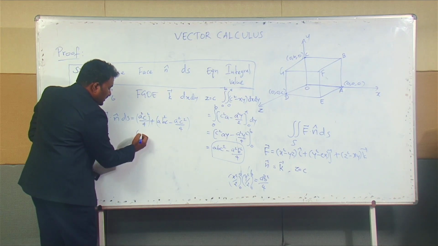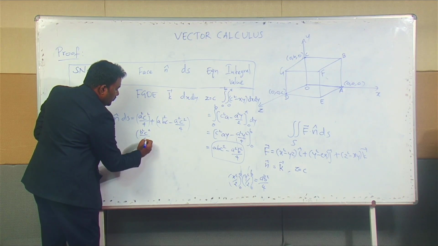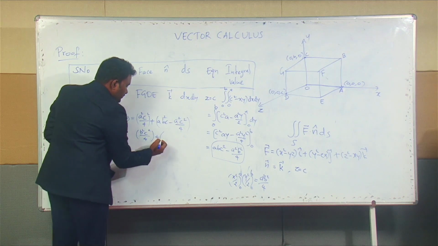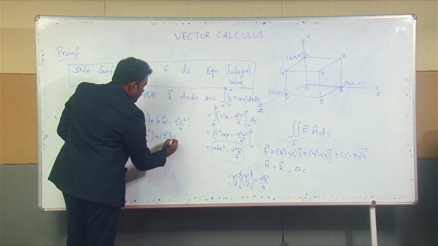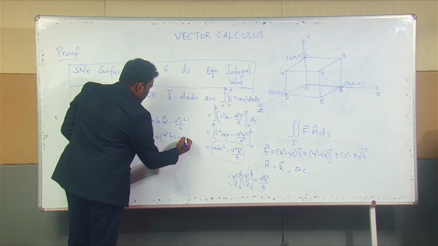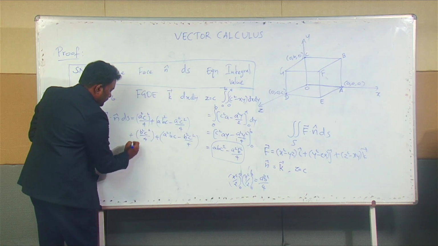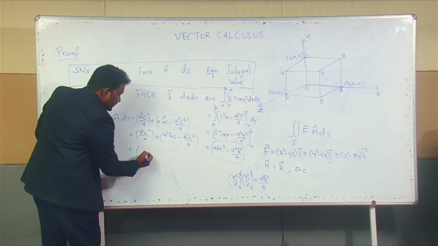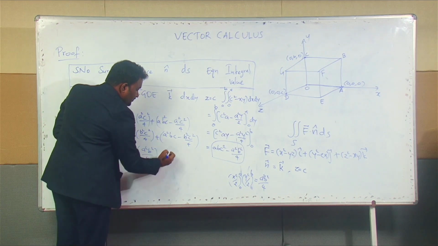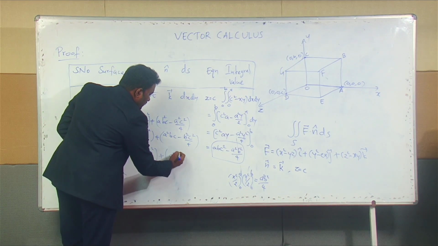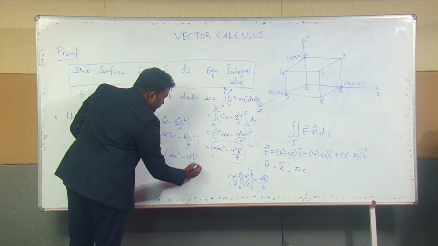For the third one we have taken b squared c squared by 4, and for the last two we have a squared b squared by 4 plus a b c squared minus a squared b squared by 4.